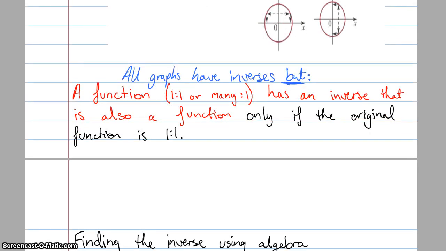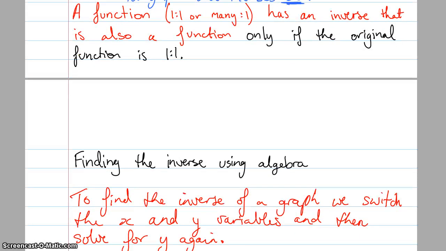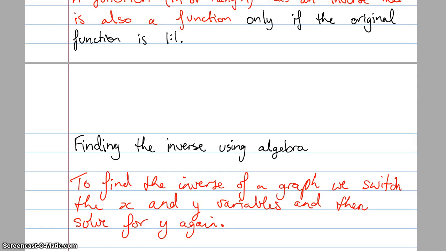Finding the inverse of a function or a relation can be done a couple of ways, and the first way I'll show you is using algebra. Again, I assume that you've seen some of this before, but it will be good to rehash it anyway. To find the inverse of a graph, we switch the x and y variables and then solve for y again.